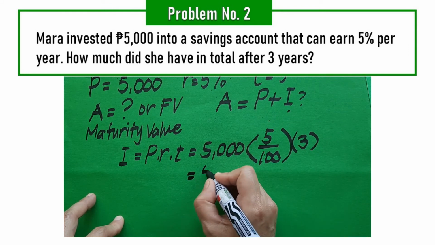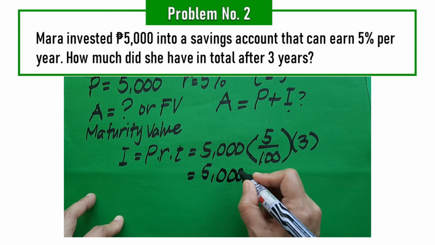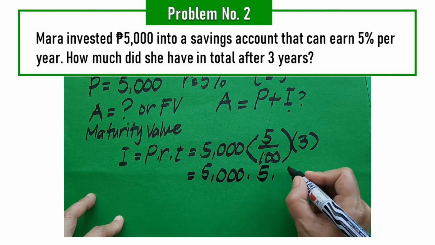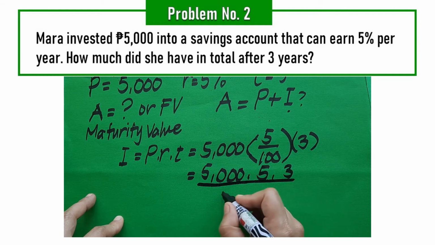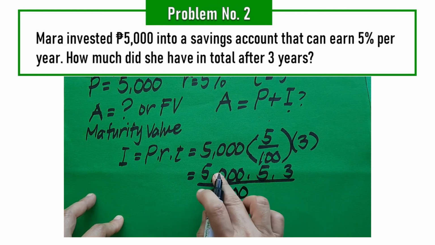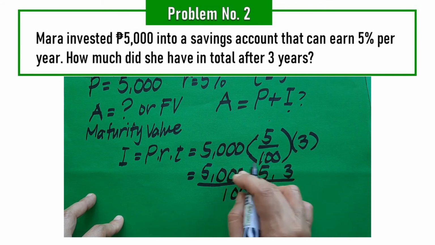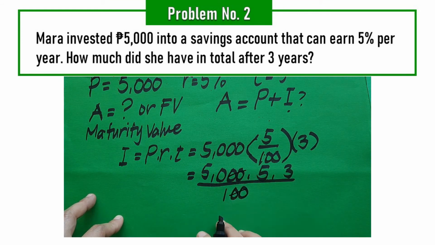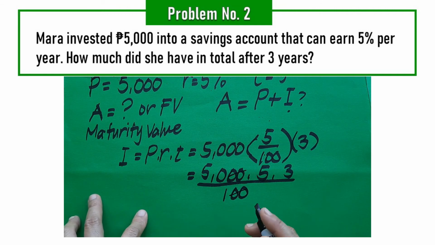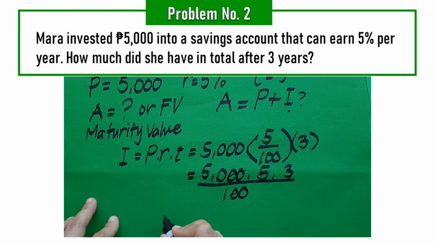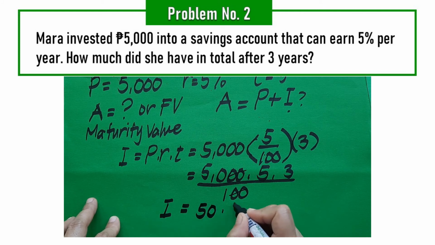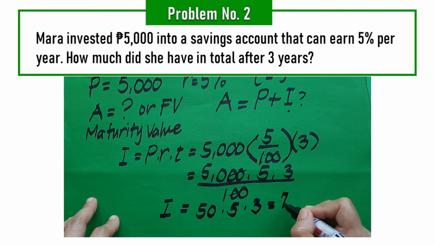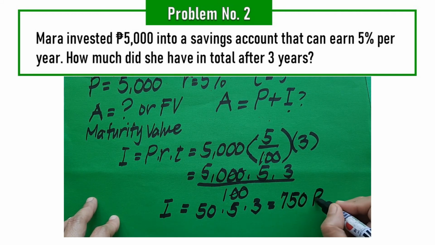So, you can have 5,000 times 5 times 3 all over 100. Since these are all factors, you can actually cancel this out. Kasi 5,000 divided by 100 will just give you 50. Okay? So, your I now would be 50 times 5 times 3. It will give you 750 pesos.